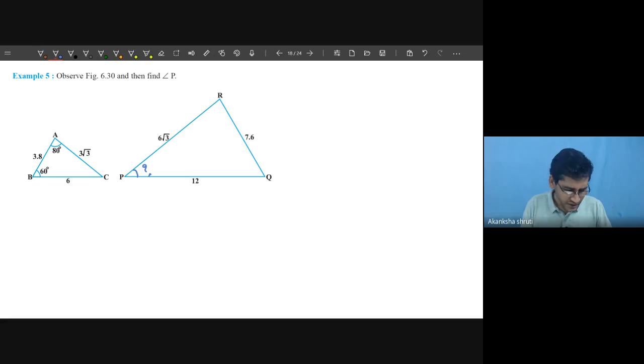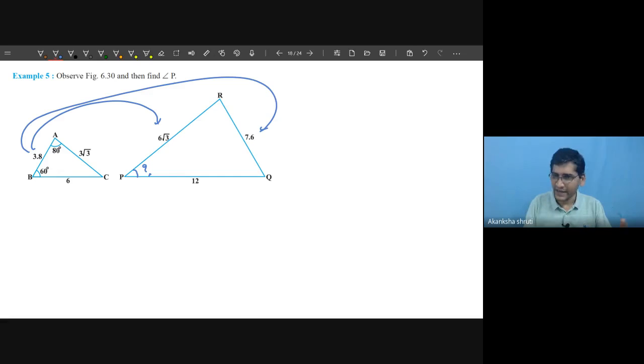Okay. So for proving these two triangles as similar, whether this side is corresponding to this one, I do not know. So this data is given for that purpose. Getting? So let us calculate the ratios and try to understand which one is corresponding to which one.